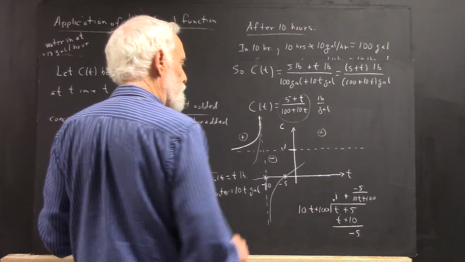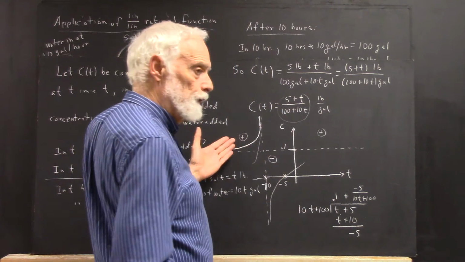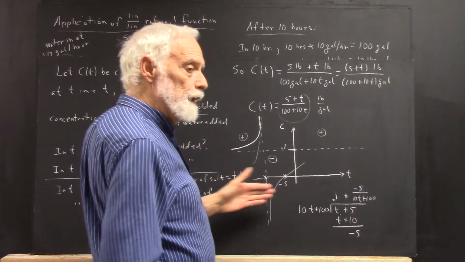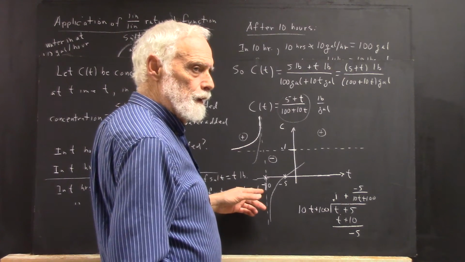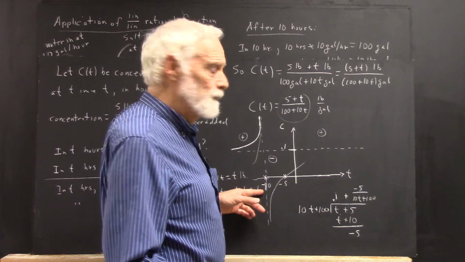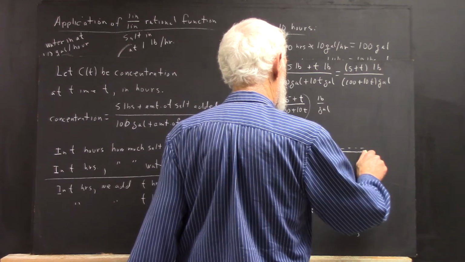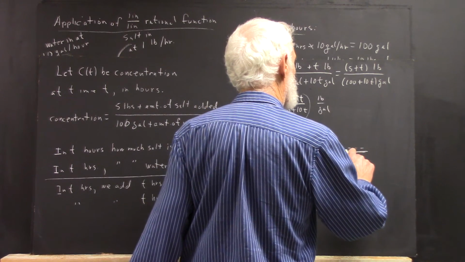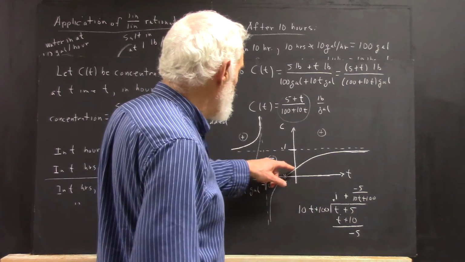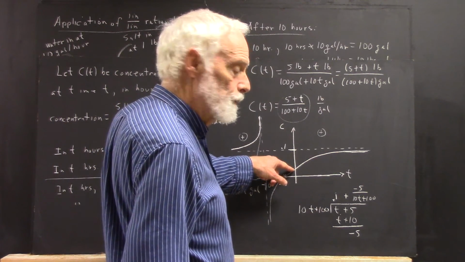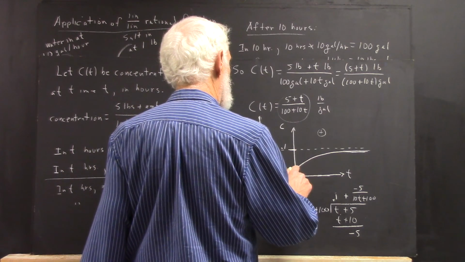We have an asymptote here. And now we see the important part of the graph, because this isn't important. This corresponds to negative time, and actually at t equals -10, the container's empty. Think about it. And we see that the graph is going to do this sort of thing. So that for positive time after t equals 0, the concentration is going to be here, which is 0.05.